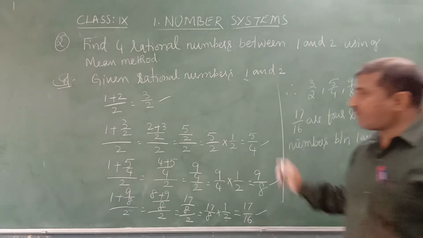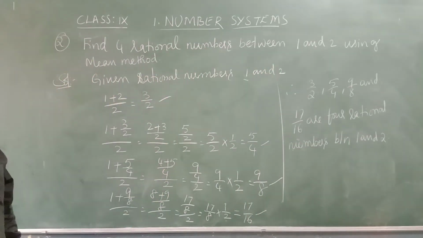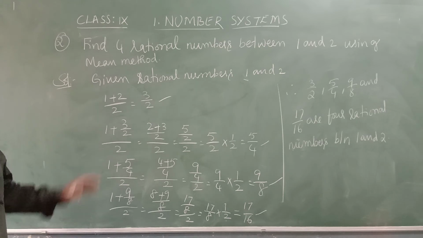So like this we will find the rational numbers between the given rational numbers by using the mean method.